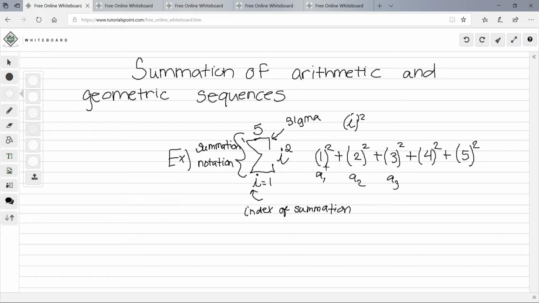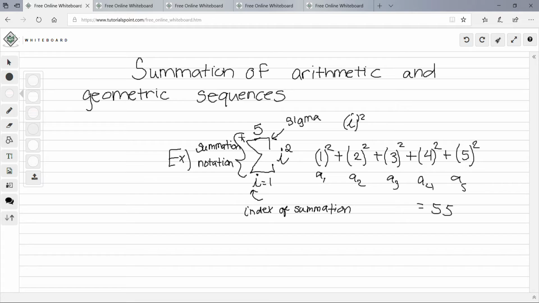So we start at 1, 2, 3, 4, and then we end at 5. So what we do is add up all these numbers, and this whole thing should give us 55 when you add all the like terms.